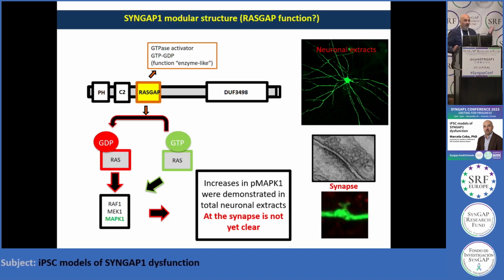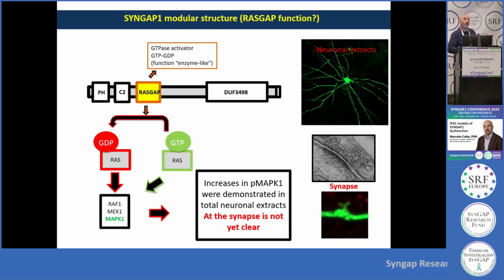But all the experiments that have shown this increase in ERK phosphorylation with SYNGAP loss haven't been done there. We don't have any idea what the RAS-GAP function is doing at the synapse, or if it works there. What has been done is just to get a lysate of neurons, do a Western blot, and see an increase in ERK phosphorylation. What it means is that you have a dysfunction of SYNGAP, and at the end of the day, this neuron responds with increased ERK phosphorylation.